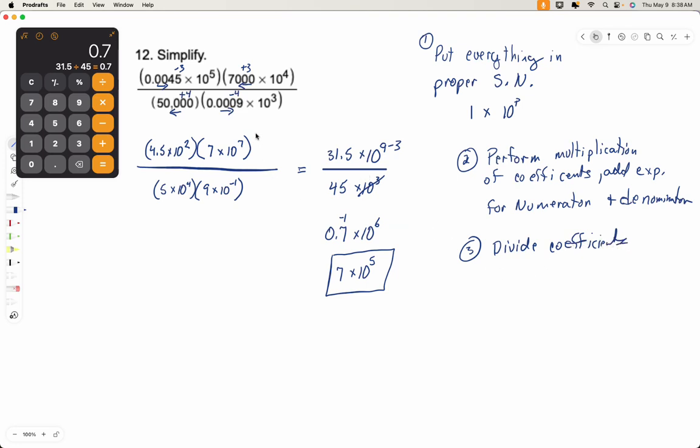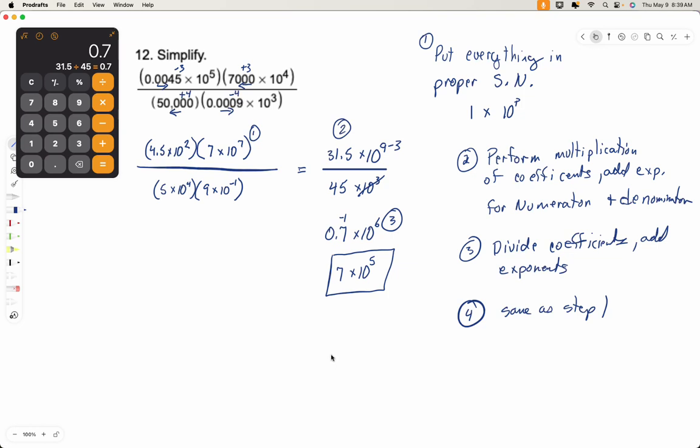That's this step. That was this step. This was 1. This is 2. This is 3. You're going to add exponents. And then 4 is the same as step 1. Put everything in proper scientific notation.